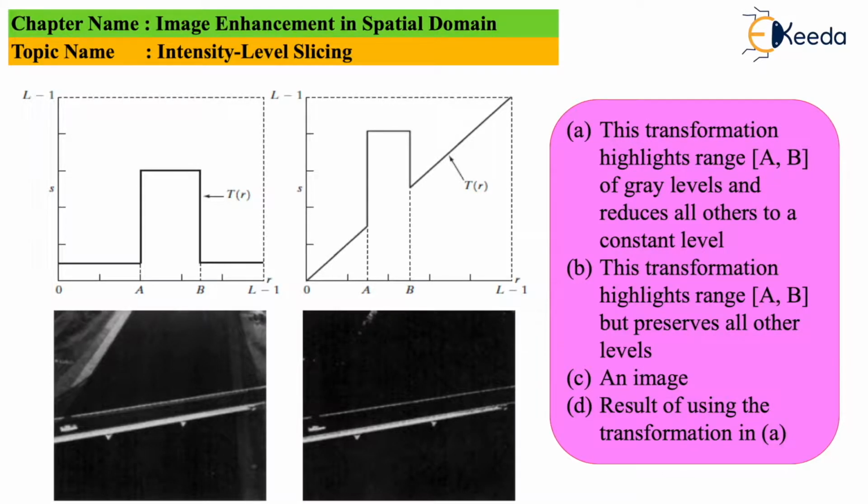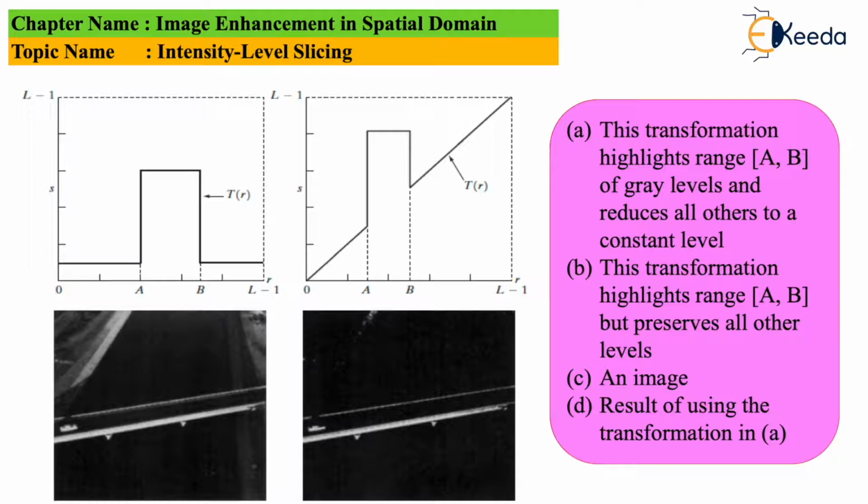The transformation is usually between the input or original image gray levels that we generally represent by small r. These are mapped onto the horizontal axis, right from 0 to capital L minus 1, and on the output side we have this vertical axis mapped again from 0 to capital L minus 1.